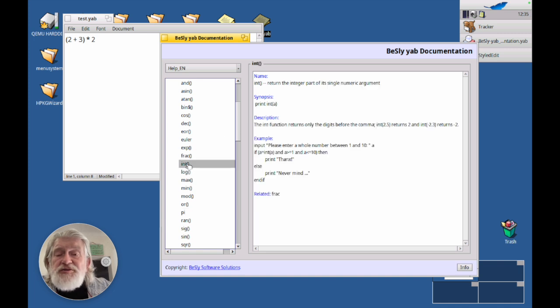This is one you'll use fairly often. Int. That gives you the integer part. Now keep in mind that doesn't give you the nearest integer. It gives you the integer below. So if you have 12.4, then int 12.4 gives you 12. If you get 12.9, then int of that will give you 12.